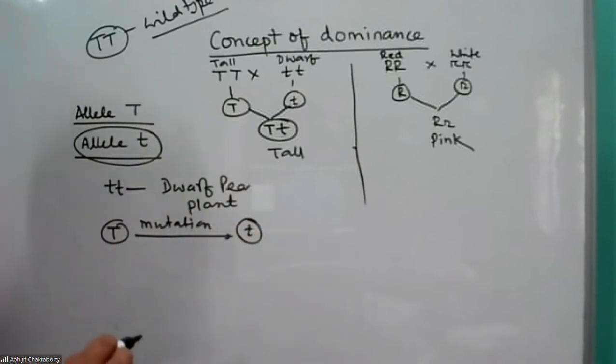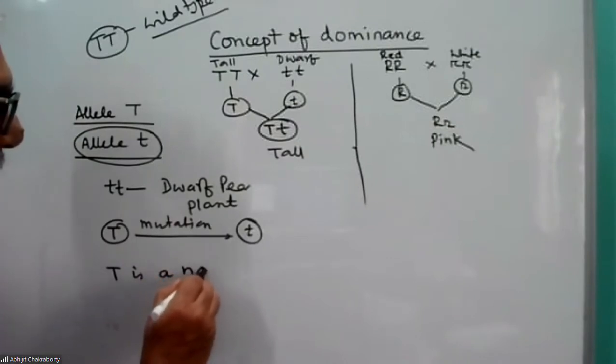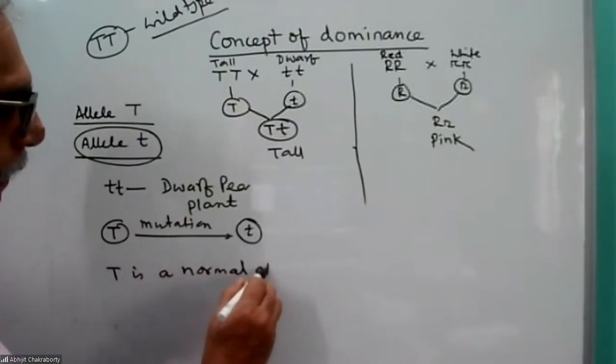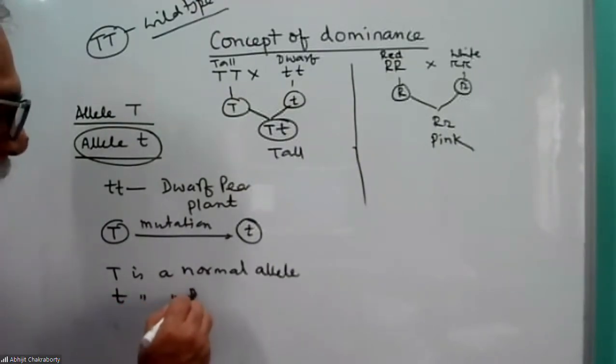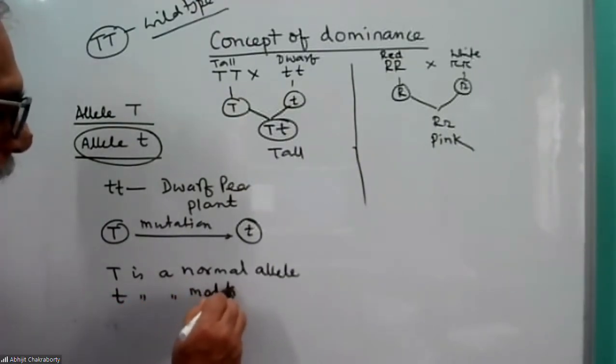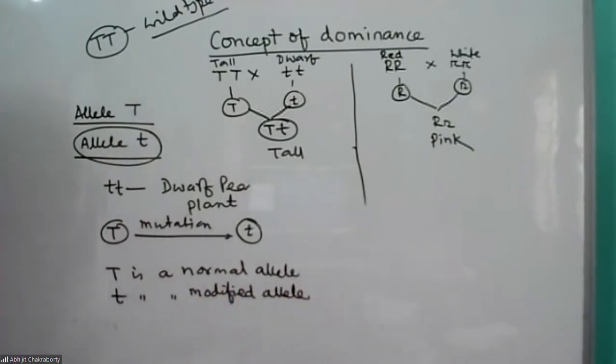From this we can write that capital T is a normal allele and small t is a modified allele. Capital T is a normal allele and small t is a modified allele, and it is modified due to the mutation.